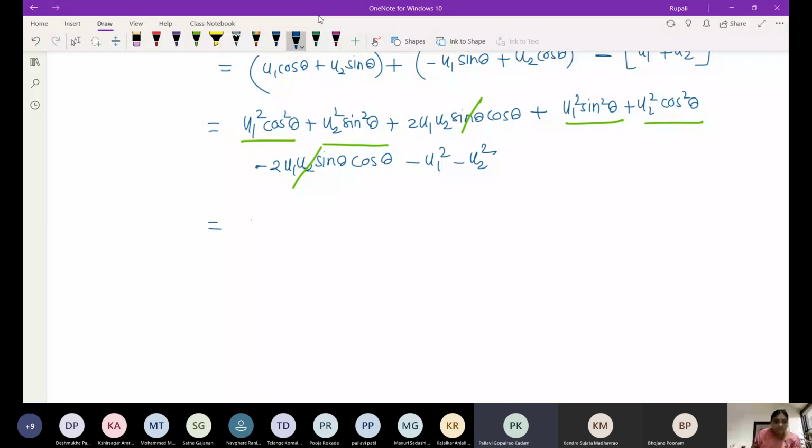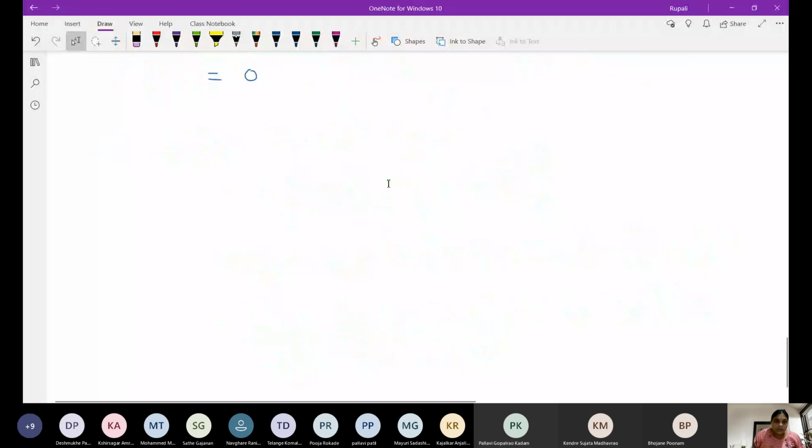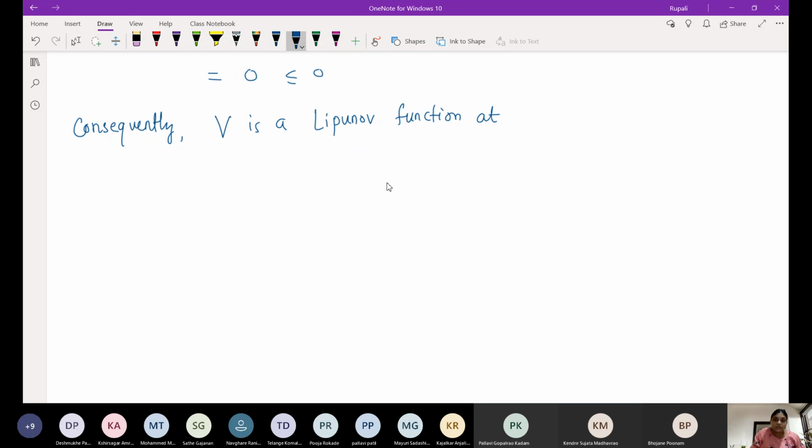It will be 0, right? So V at delta t, V at u is equal to 0, means it is less than or equal to 0. So consequently, capital V is a Liapunov function. It is not a strict Liapunov function. It is just a Liapunov function at origin.